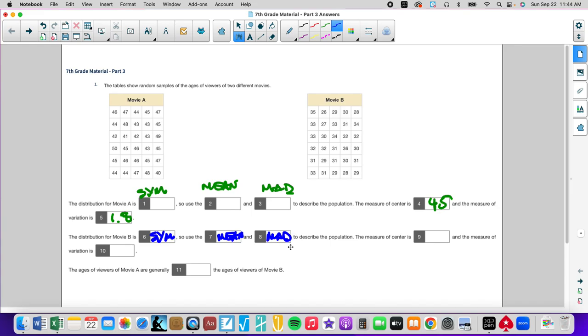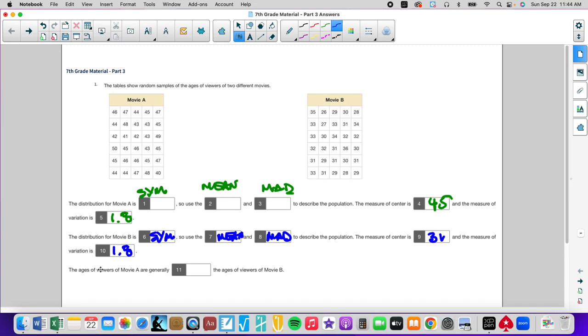The measure of center this time is going to be 31. That is going to be the middle of all the data points. And the MAD, again, how weird is that? The MAD, the mean absolute deviation, is 1.8 also. So that's kind of weird.